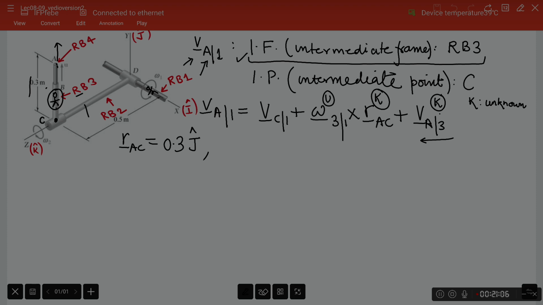What is that formulation? Recall from our previous lectures that we derived an expression for a composition of reference frames. We had an expression which allowed us to write the angular velocity of frame 3 with respect to frame 1 as omega of 3 with respect to 2 and then omega of 2 with respect to 1.